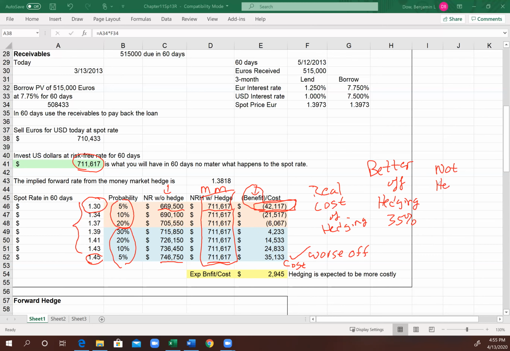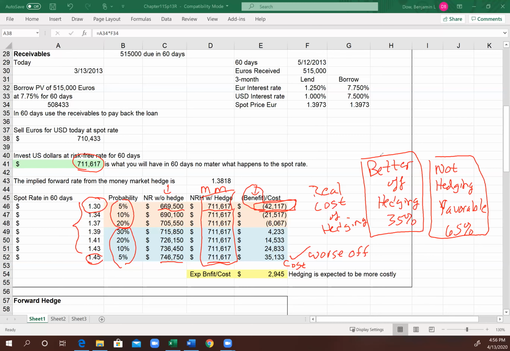So not hedging would be favorable. So this seems to be something that people, when you're trying to explain risk to them, find useful: not hedging results in a more favorable outcome about 65% of the time, whereas if you hedged, you're only better off about 35% of the time.